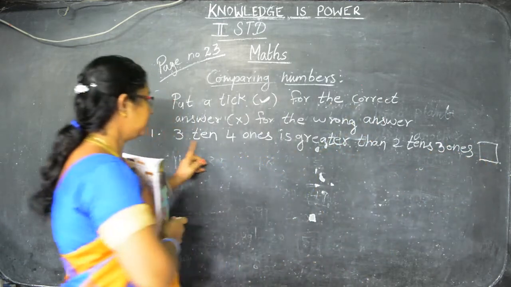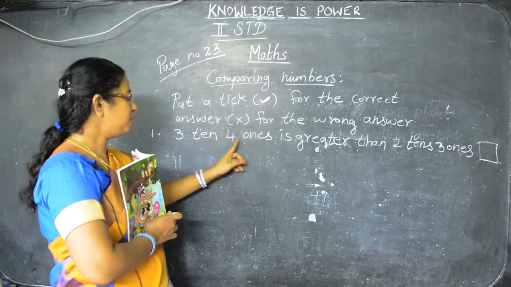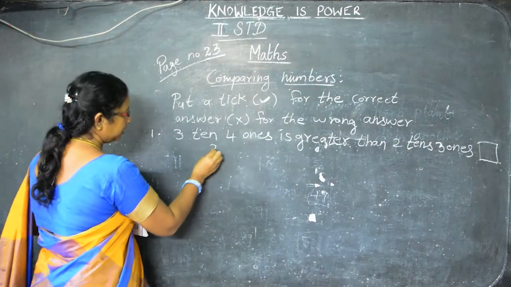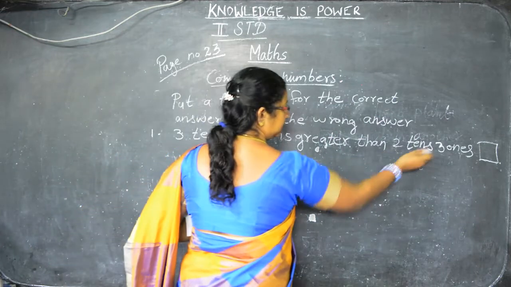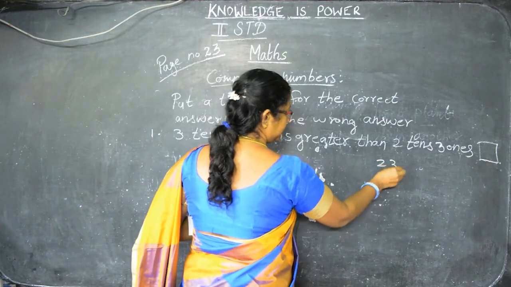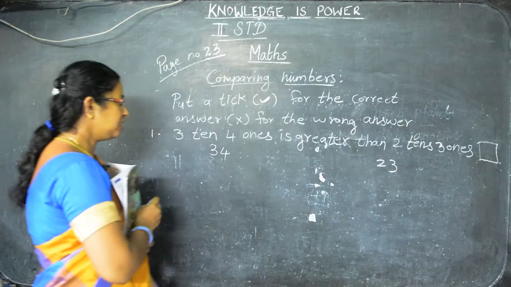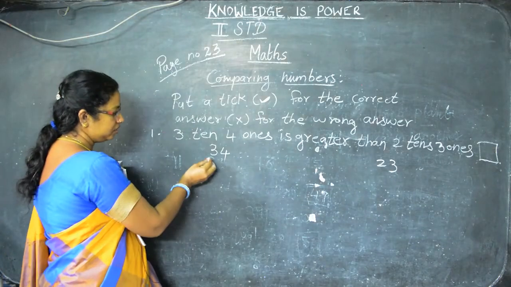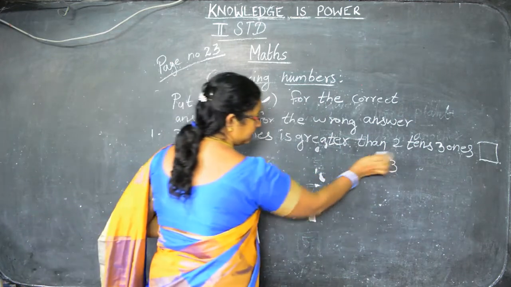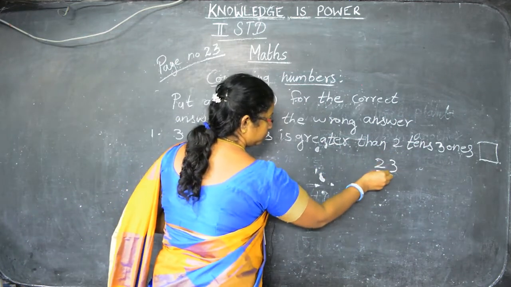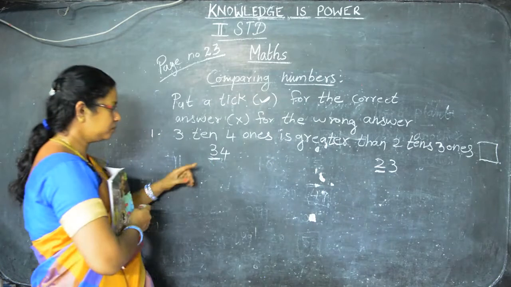See here, 3 tens and 4 ones means 34. Okay, 2 tens and 3 ones means 23. See, which one is greater? See the first tens value 3. Here 2. Which one is greater?